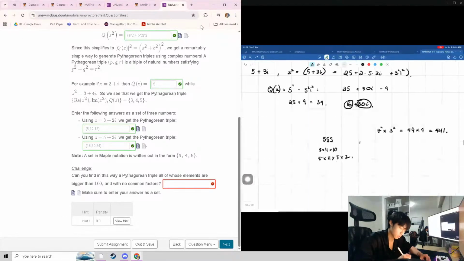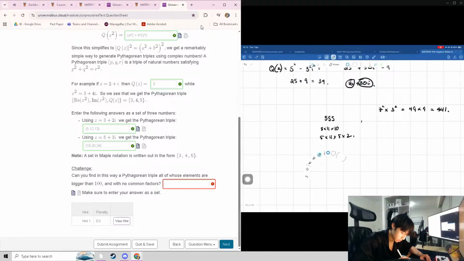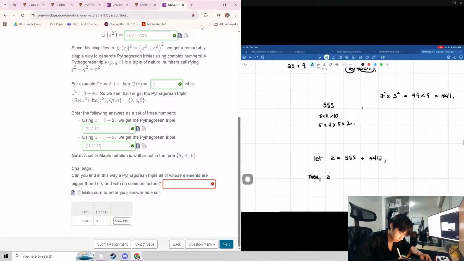All right, let's do this. So let z be 555 plus 441i. Then z squared is going to be 555 squared plus 2 times 441 times 555. It must be 2.